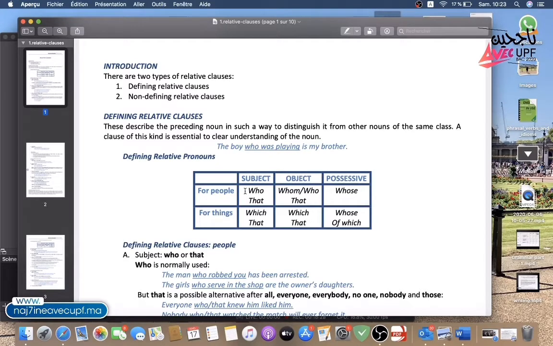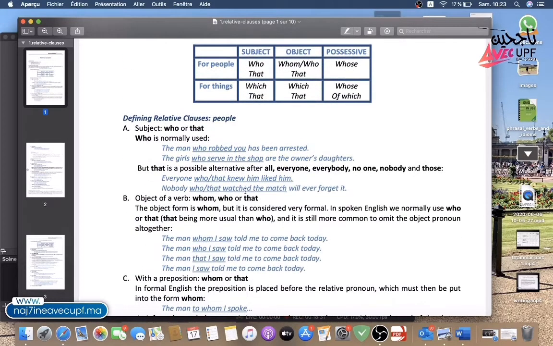Ça marche. We are going to go through relative clauses with people: who or that. Listen, who is normally used. For example, the man who robbed you has been arrested, or the girls who serve in the shop are the owner's daughters.